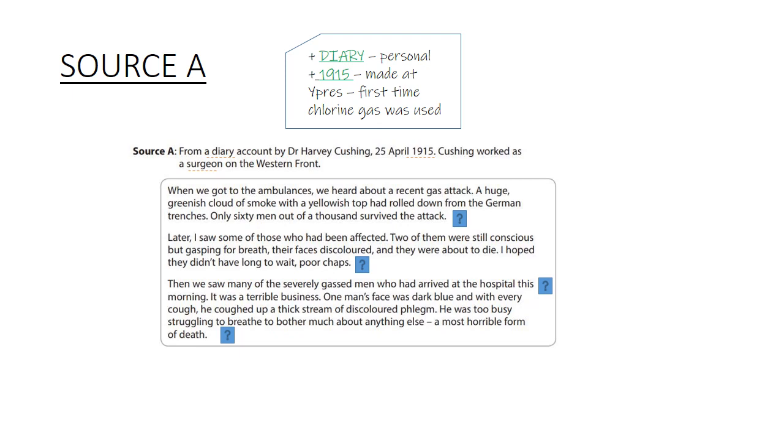He wrote it on the 25th of April 1915, which we know from our knowledge was at the Battle of Ypres, the first time chlorine gas was used. It would have been quite shocking at that time. It shows us how fatal gas attacks were, the way the poor men died, and the symptoms of this horrendous attack. So source A is incredibly useful in terms of the effects of a gas attack.